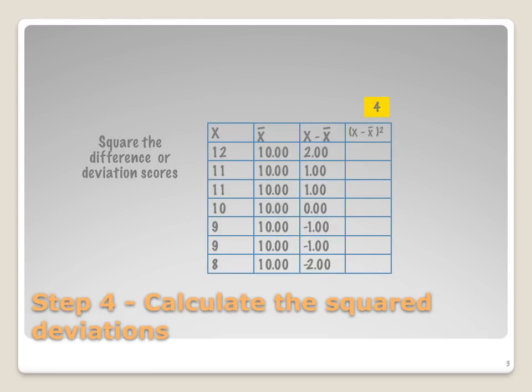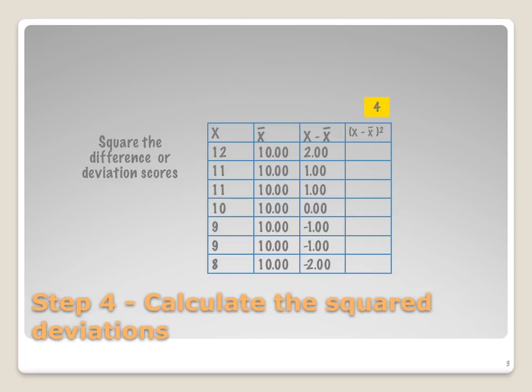What we ultimately do is we take the deviation scores, x minus x bar, and now we're going to square them. So in our fourth column, we're going to label it as x minus x bar, put all of that in parentheses, and then square it. So this column is known as the squared deviations.